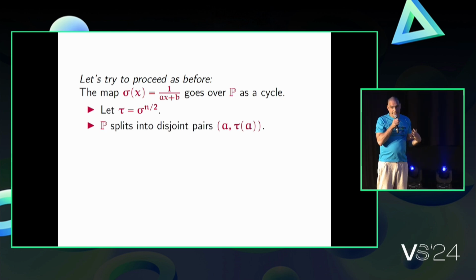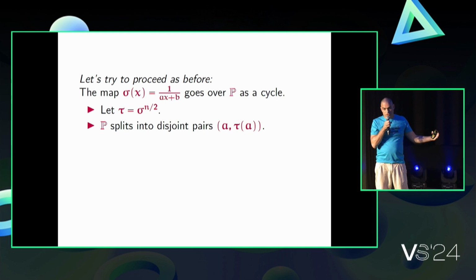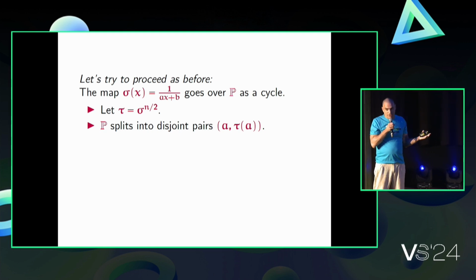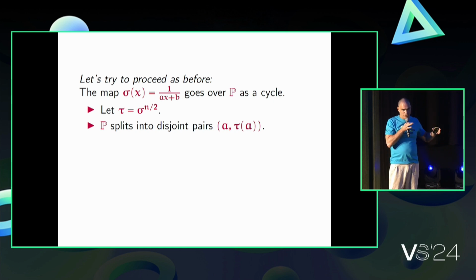And again, we can define tau just to be the map sigma to the n over 2. Apply sigma n over 2 times. And we know just from the fact that sigma is a cycle that whatever mapping this tau is, it will also divide P into disjoint pairs.